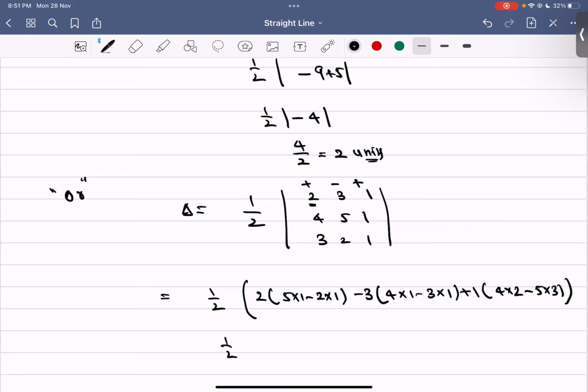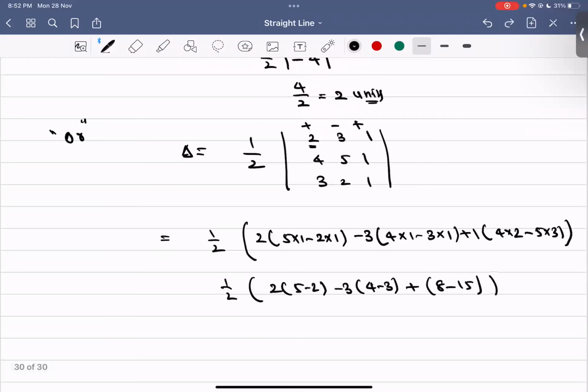So that is nothing but 1 by 2 into 2 times 5 minus 2, minus 3 times 4 minus 3, plus 1 times 8 minus 15.